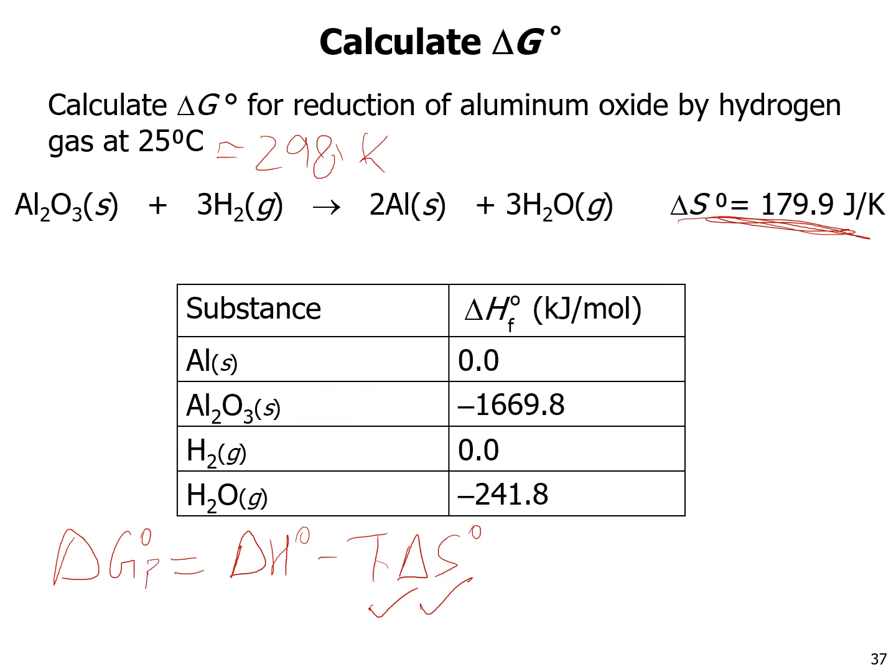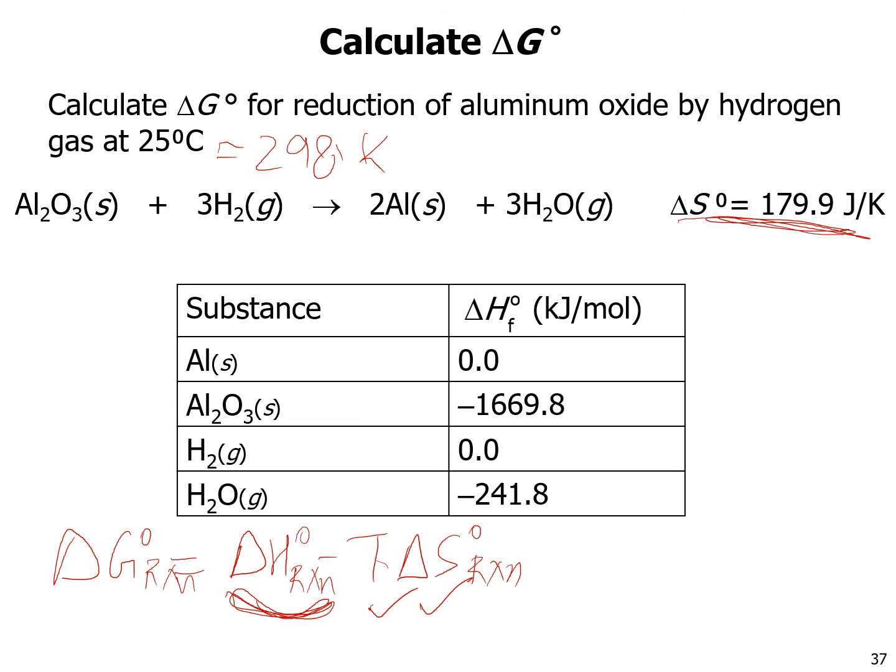Remember, all of this is reaction. I don't. But what do I have? I have ΔH°f for all of these. So first, I'll have to solve for this. Once I can solve for this, I will have all the values to calculate ΔG°.